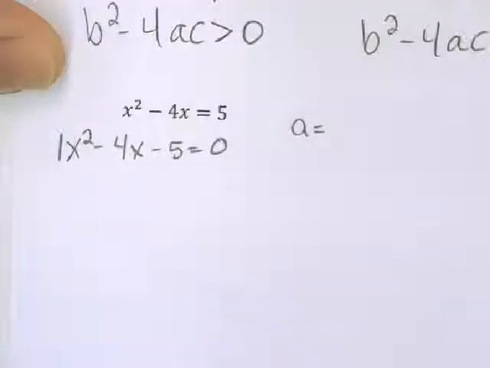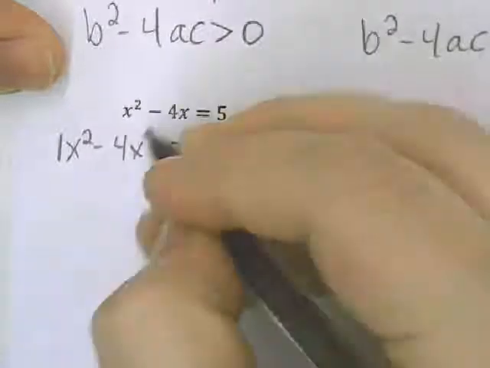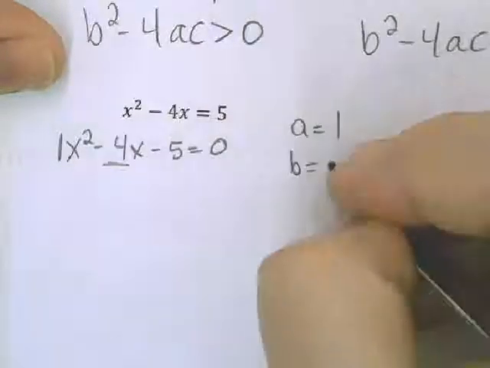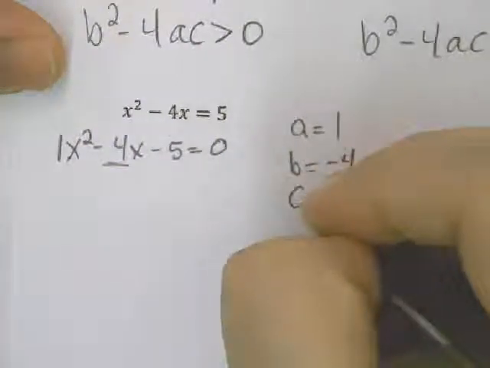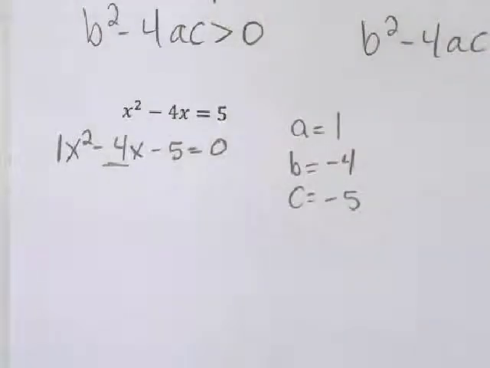Okay, so I'm going to plug it in. The opposite of B, so that's 4, plus or minus square root, B squared minus 4AC, all over 2A. One thing I want you to be careful of is to make sure this goes in parentheses.